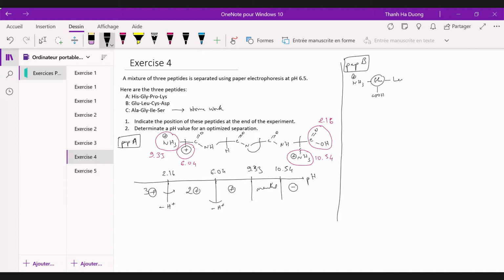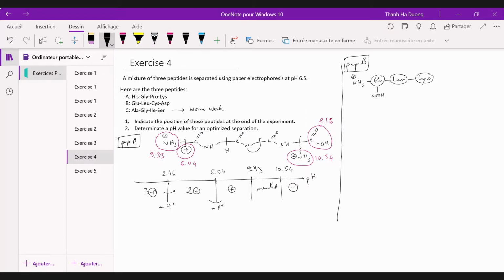After that, you have leucine. Leucine has a side chain which is neutral, which doesn't contain any ionized group. Okay, after that you have lysine.